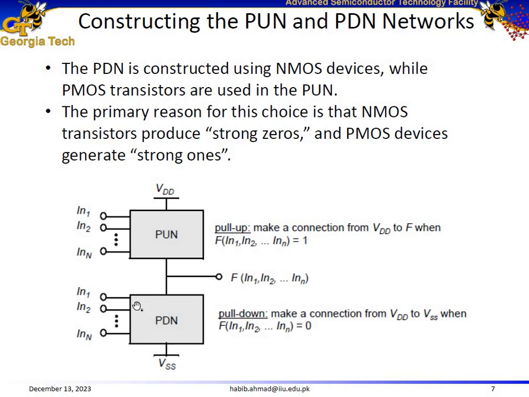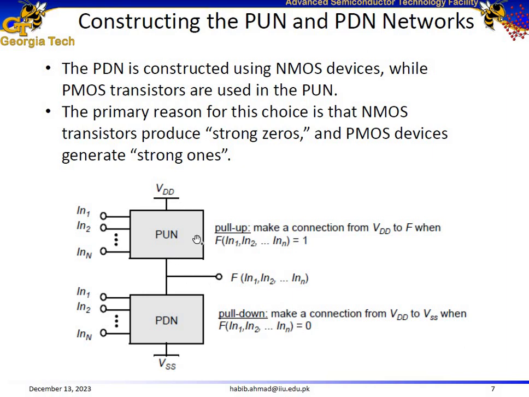It means that if we use NMOS transistors in the pull-down network, we can pull the output all the way to 0. Similarly, if we use PMOS transistors in the pull-up network, we can pull the output all the way up to VDD. But the other way around does not really work.